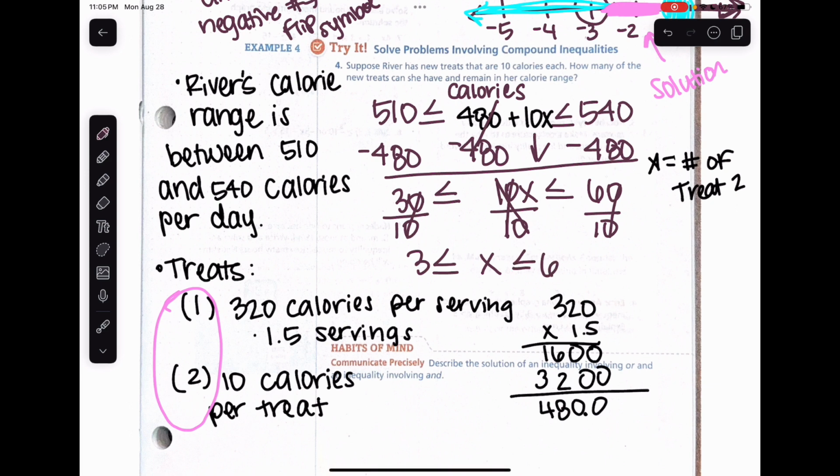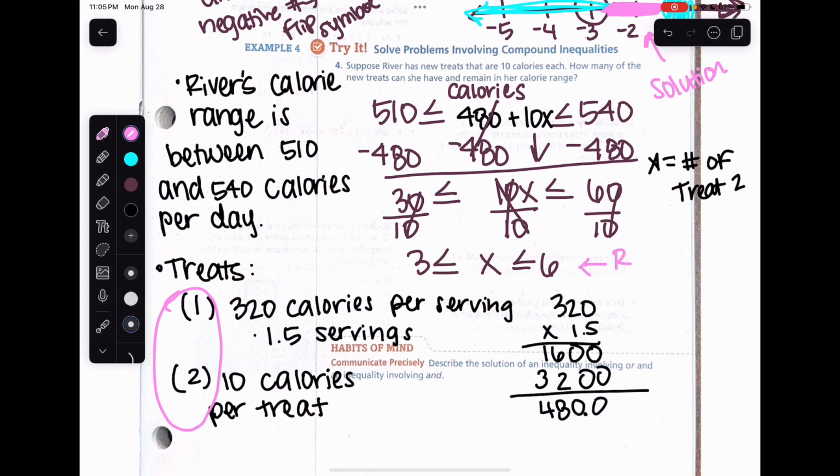So this means that River can have between 3 and 6 10 calorie treats.